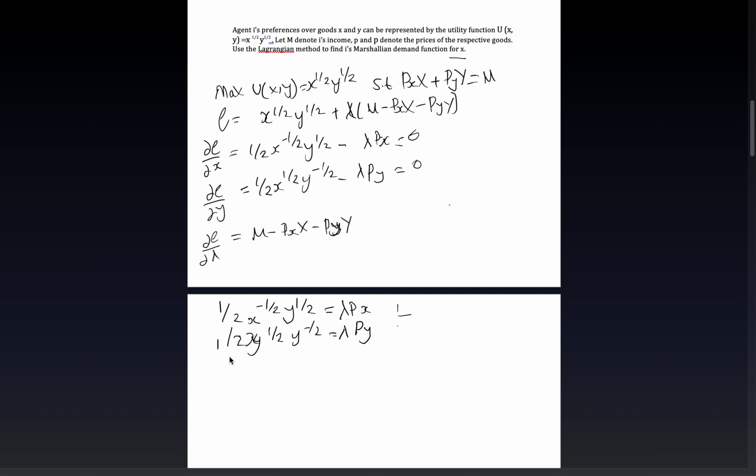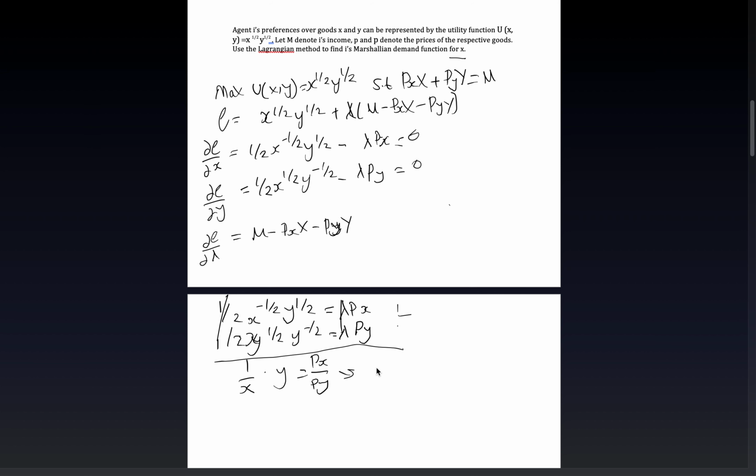So divide these two. Half times half cancel each other out. X to the negative half divided by x to the half is 1 over x. Y to the half divided by y to the negative half is just y. Equals, these cancel out, p of x over p of y.